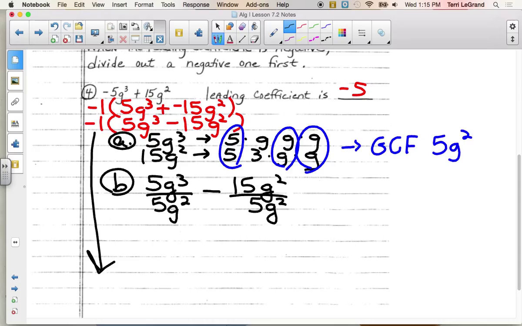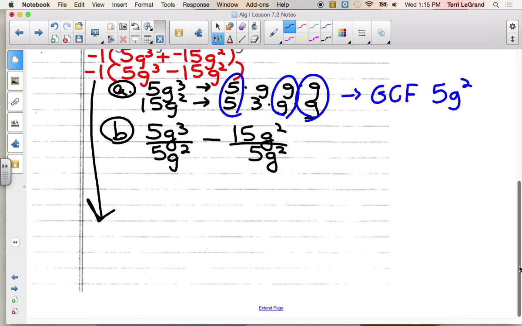It's coming back to us later. Well, when we divide this out, I'm just going to look up here and see I have a g left, right? And I have a 3 left. See where those are coming from? g and 3.